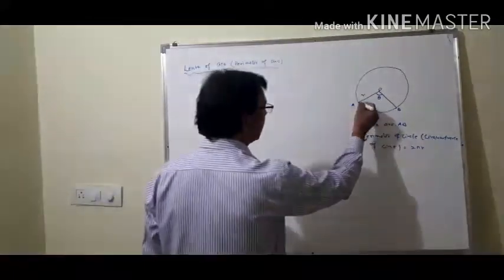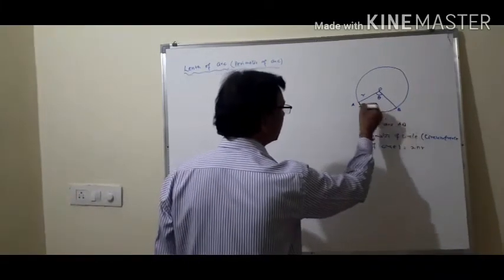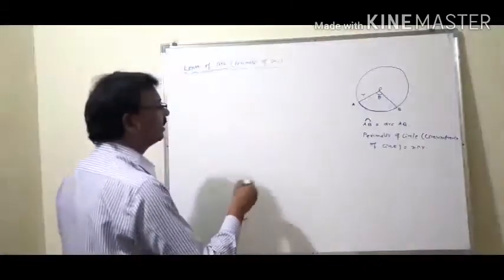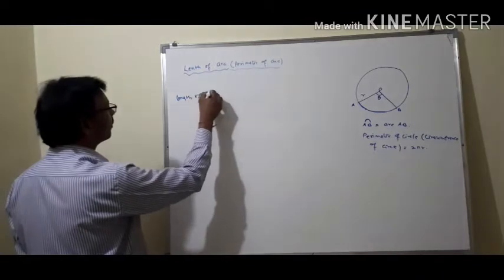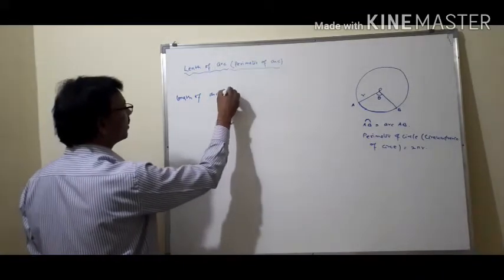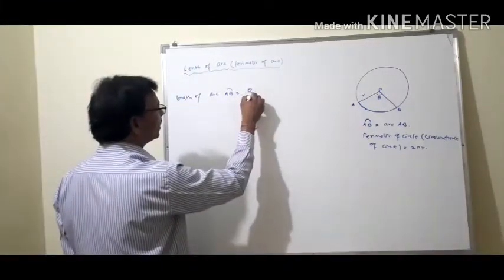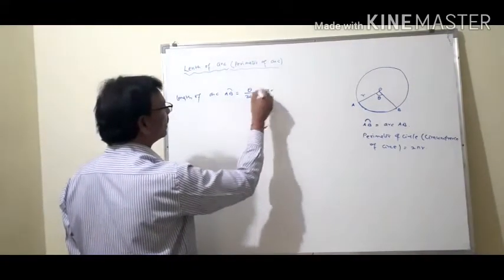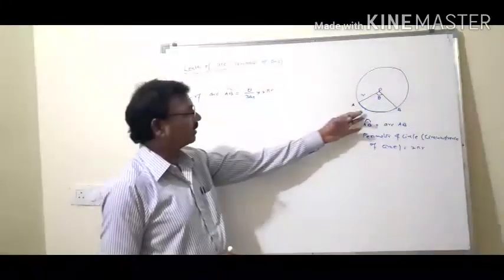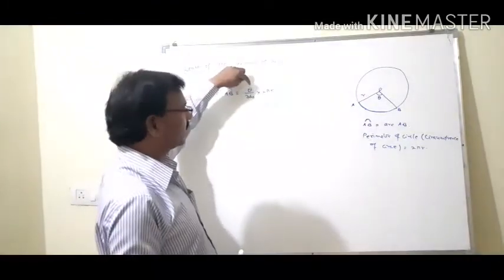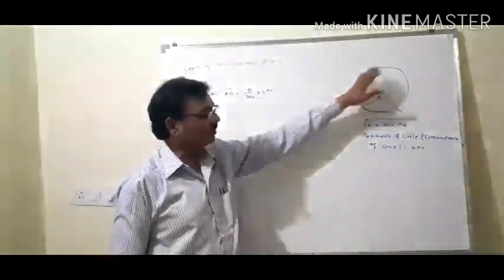Now, if you want to find the perimeter of this arc AB, or length of this arc, length of arc AB is equal to theta upon 360 into 2 pi r, where theta is the angle subtended by that arc on the center of the circle, and 2 pi r is the circumference of the whole circle.